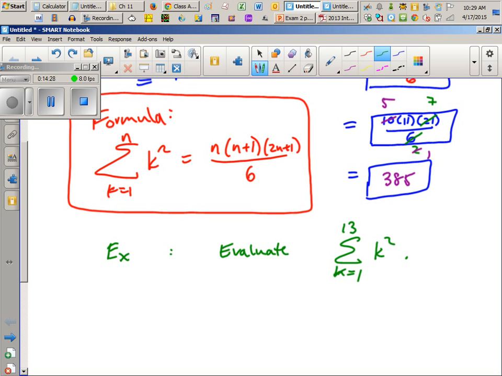If you wish, you can write out the first few terms, or you can just jump straight into the formula in red. What I don't want you to do is just add them up on a calculator screen. It defeats the purpose of having a formula.